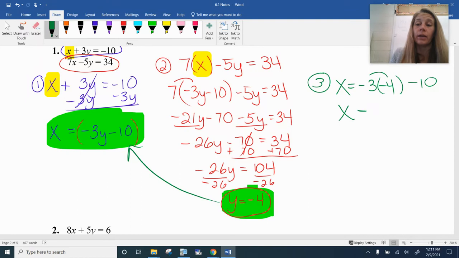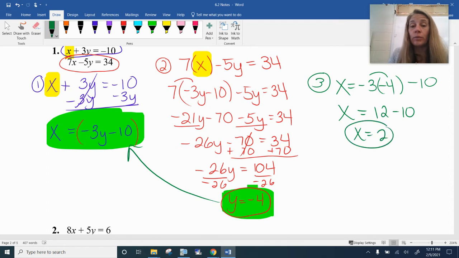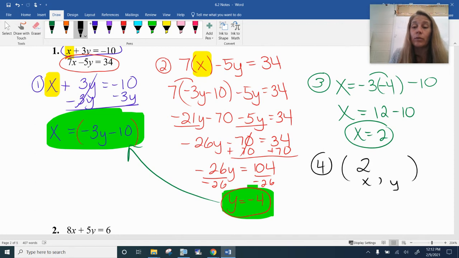Multiplying -3 and -4 gives me a positive 12. 12 minus 10 equals 2. So now I can finally write my solution, which is my x, y ordered pair. My x value was +2. My y value was -4.